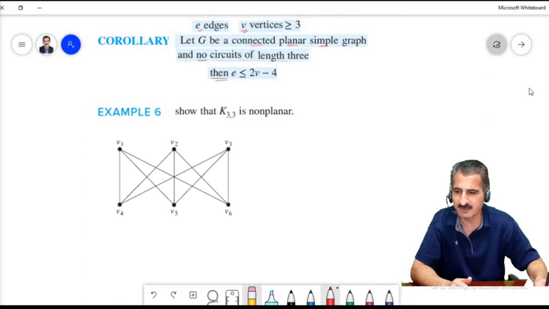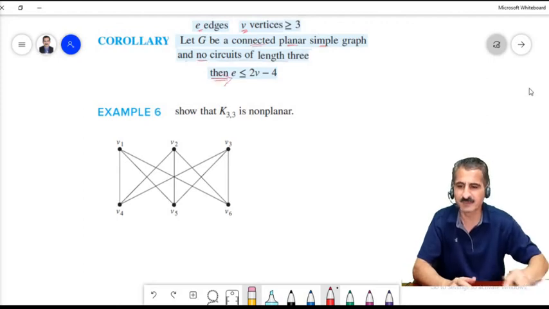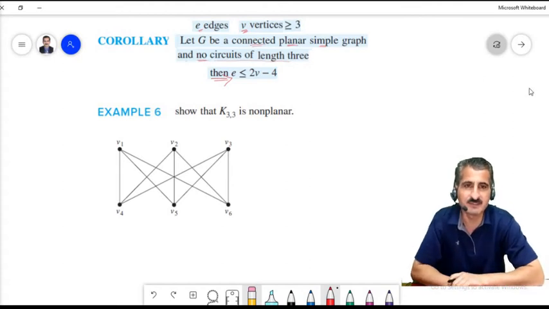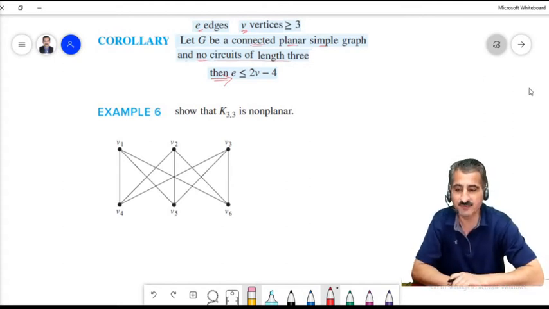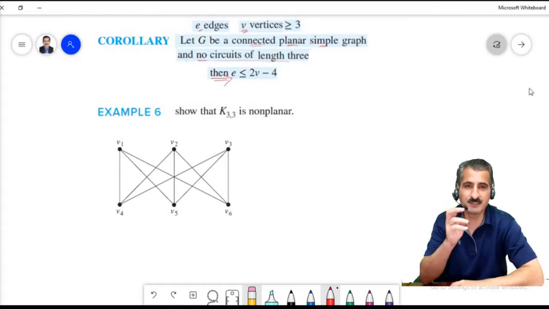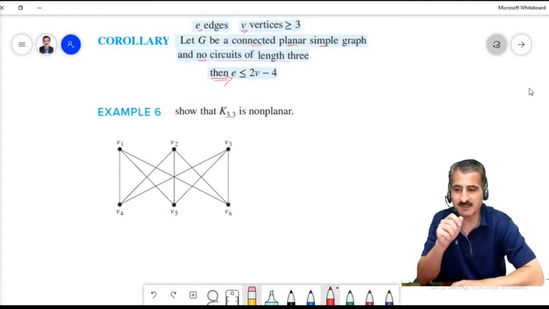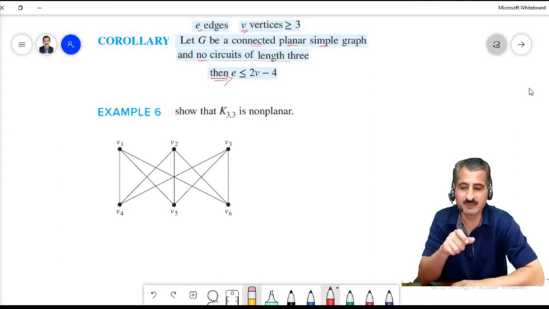Then the number of edges must be less than or equal to 2 times V minus 4.